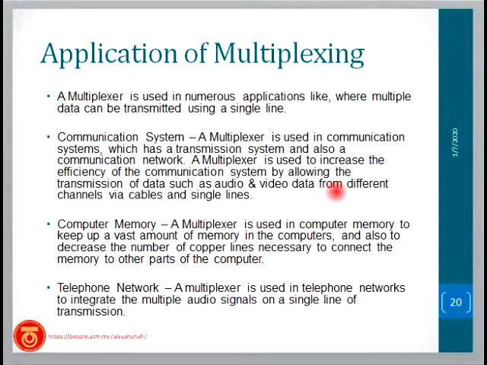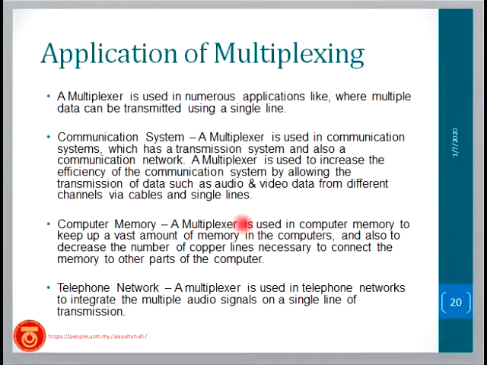Okay, the application of multiplexing. A multiplexer is used in numerous applications like transmitting using a single line. In communication networks, a multiplexer is used in the communication system, which has a transmission system and also a communication network. It increases the efficiency of the communication system by allowing the transmission of data such as audio and video from different channels via cable and a single line.